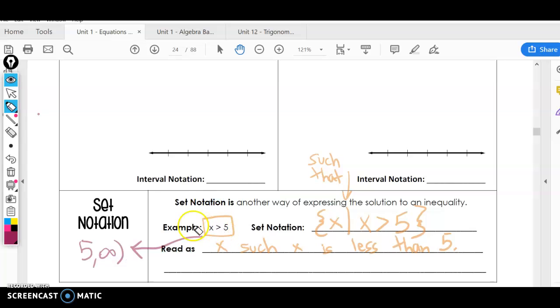And since there's no equal to sign, it is also parenthesis. Interval notation, a little bit easier. Set notation, it's not too horrible. You just need to know to include the curly brackets and to include the variable at front here and the such that sign. Not too bad.